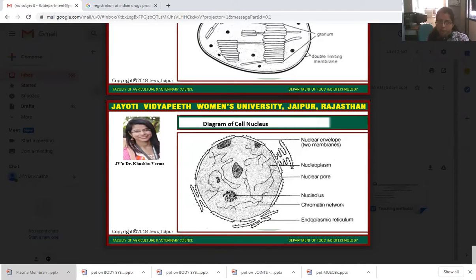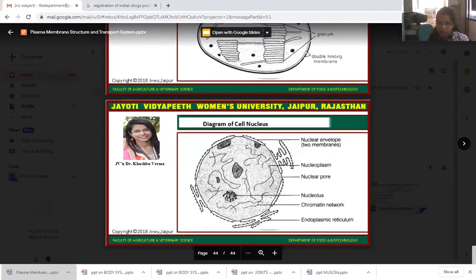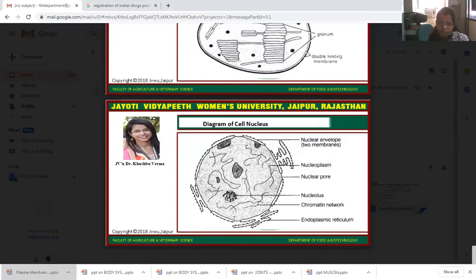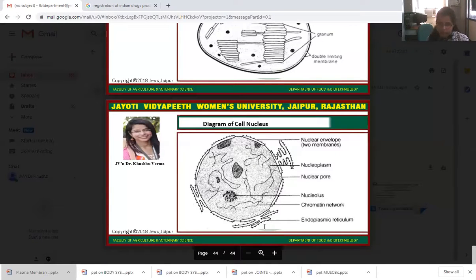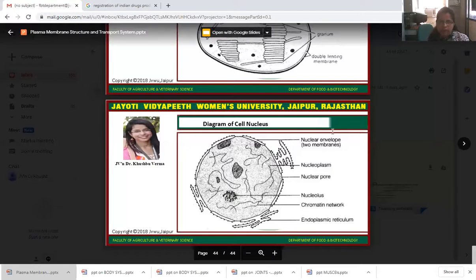The nuclear membrane is not continuous; it has tiny holes known as nuclear pores. The nucleolus is also available within the nucleus, and this nuclear membrane is attached to the endoplasmic reticulum. The endoplasmic reticulum with ribosomes is involved in protein synthesis, and this is the chromatin network, thread-like structures. So this is the whole structure of the cell nucleus.